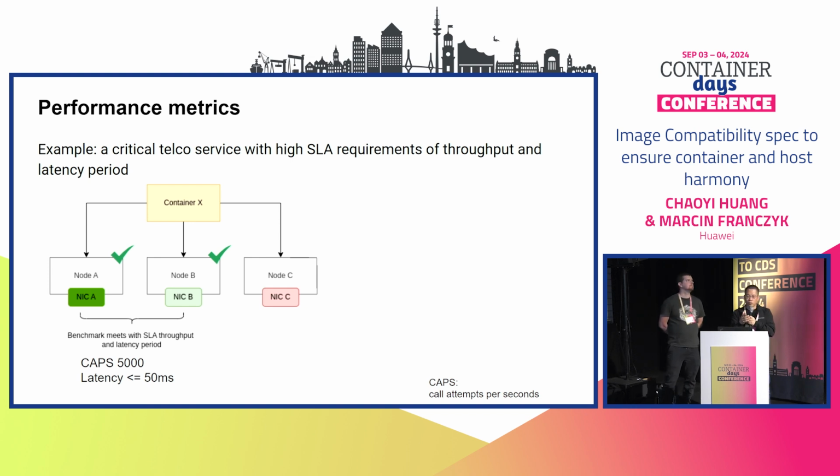So the application may have a very strict requirement on the network interface card. One network interface card may ensure all call attempts meet the latency requirement. For example, the latency must be less than 50 milliseconds. If you can reach 5,000 CAPS and all requests are processed within 50 milliseconds, it meets the SLA.